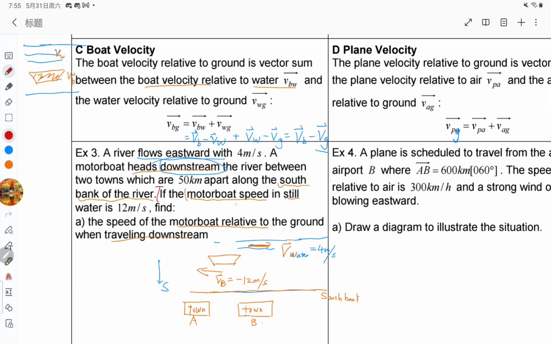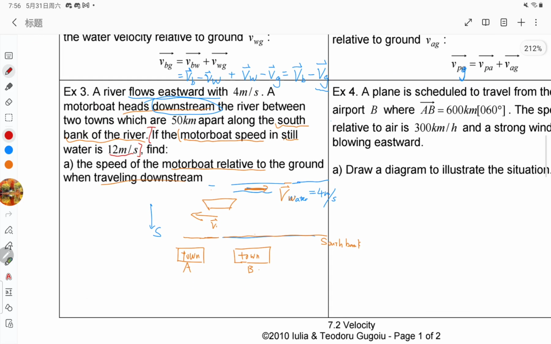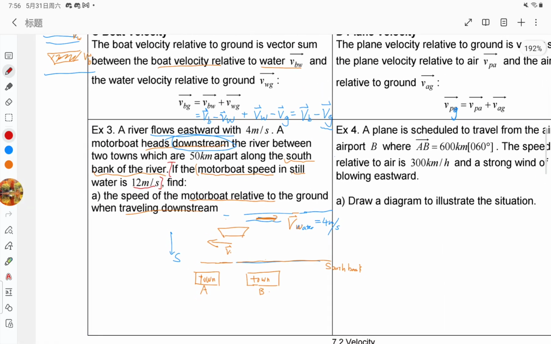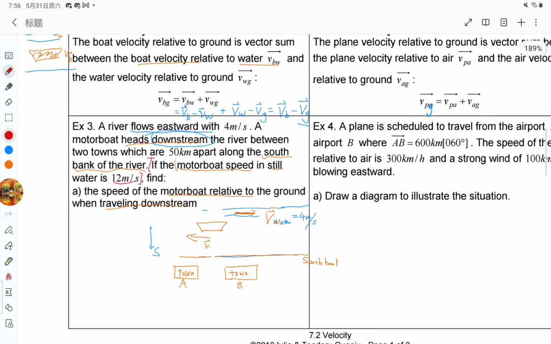So if the boat speed in still water is 12 meters per second, I shouldn't simply draw it this way like VB, right? So how to understand this velocity? So boat speed in still water. So is this VB or VBW, right?